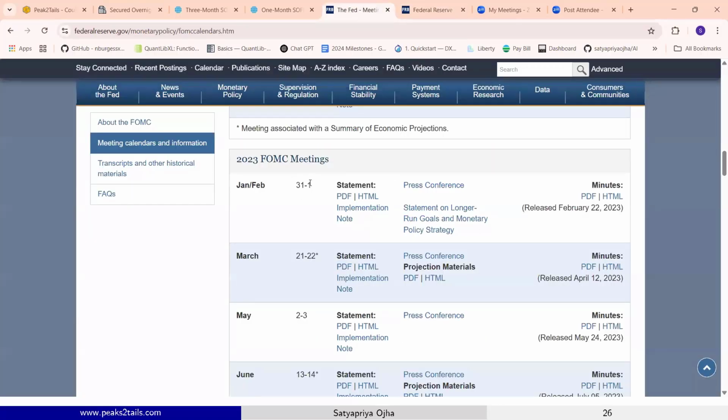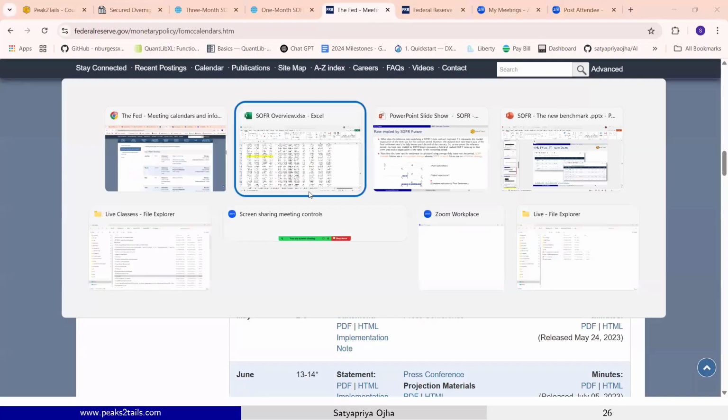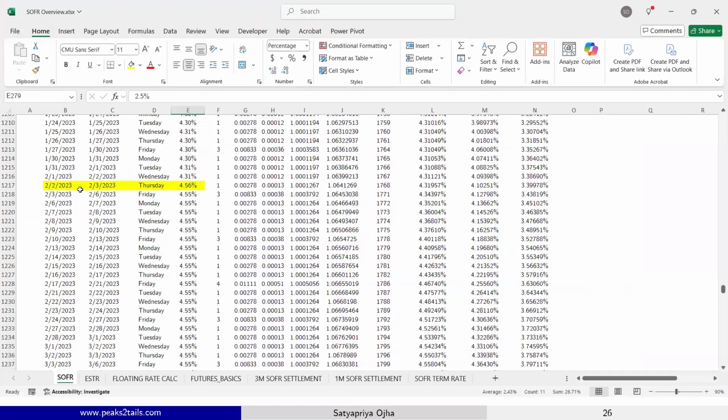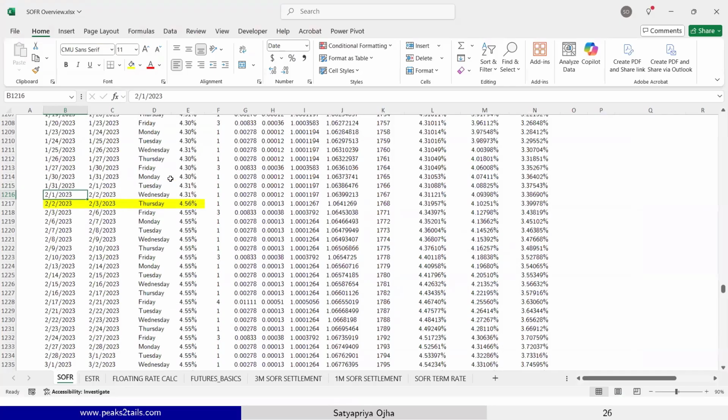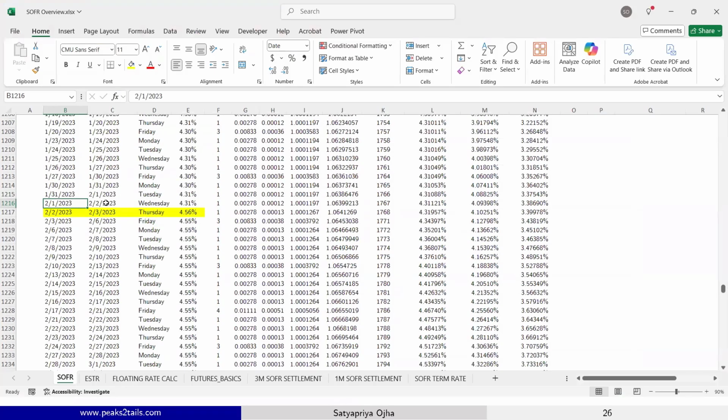Let's go back to the SOFR rates. Until 1st February it is pretty much constant, 4.31, 4.3, not much change. After that meeting outcome, on the 2nd February, there is a 25 basis point jump. Do you see it?